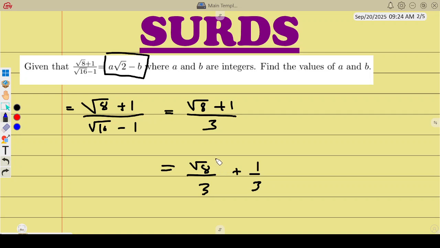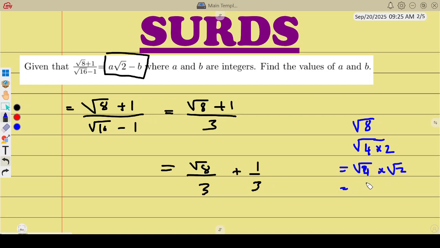And then we can also simplify root 8. We actually did this in the previous video. By now you know that root 8 is 2 root 2. But for the sake of those who might not have checked it out, this is just root 4 times 2, which is root 4 times root 2.